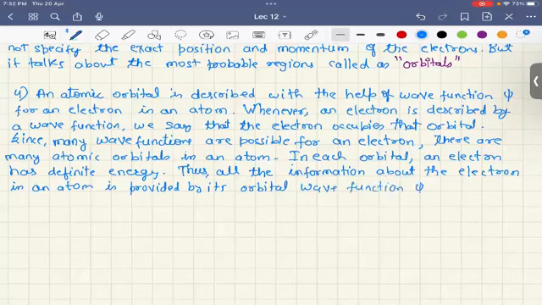The fifth point is the probability of finding the electron at a point within an atom is proportional to the square of the wave function at that point, the mod of psi squared.